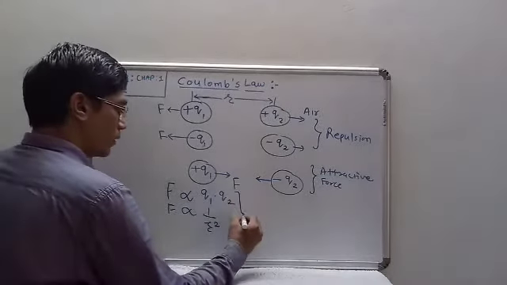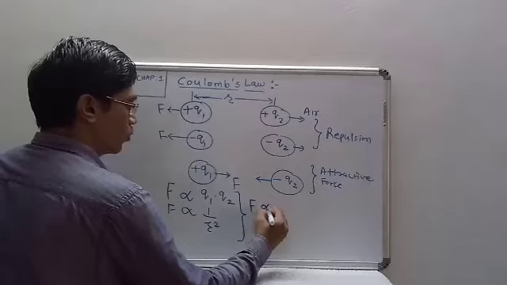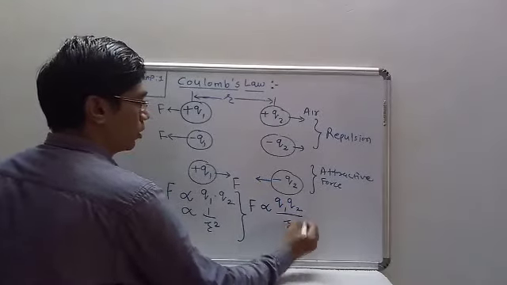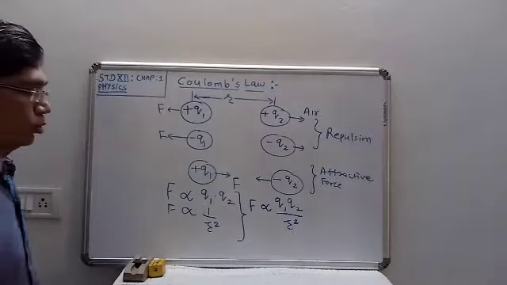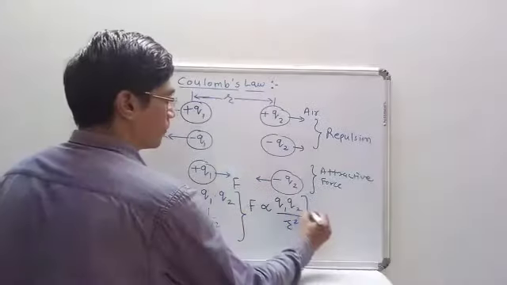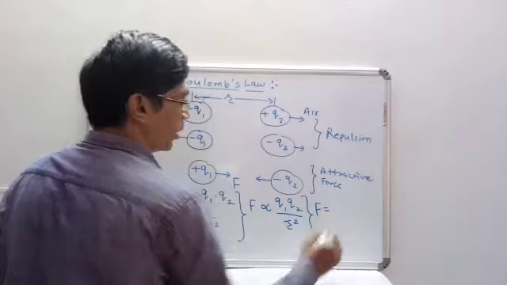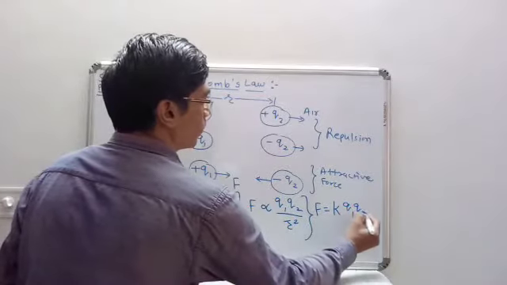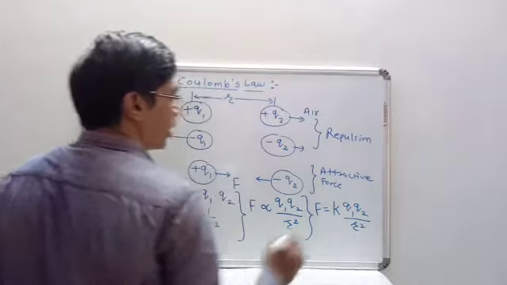So combined, we can write F proportional to q1 q2 upon r square. So the force is given by a proportionality constant, small k, times q1 q2 upon r square.